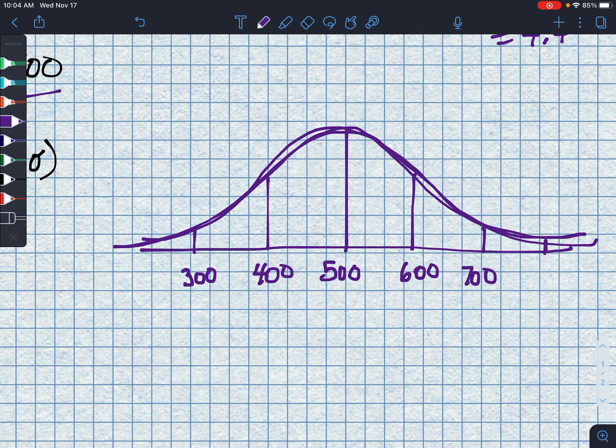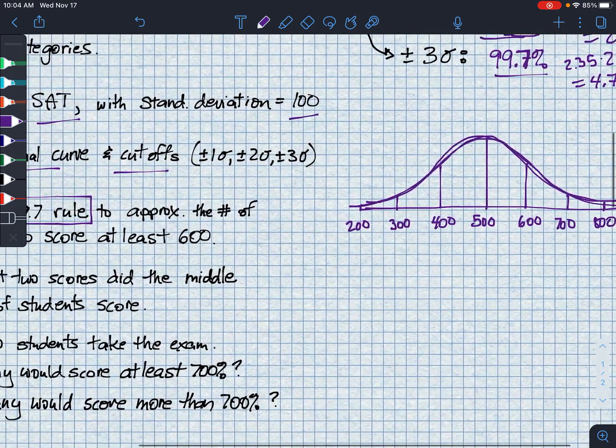And finally, nearly the whole population, right? 99.7% will be between 800 and 200. Okay? There's going to be the odd student that is above and below those, but that's not our concern at this point.